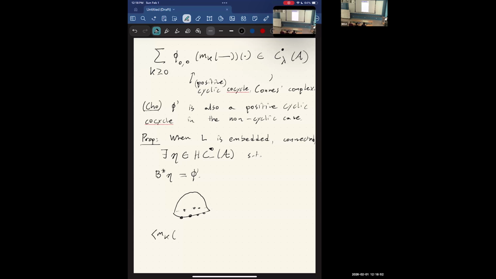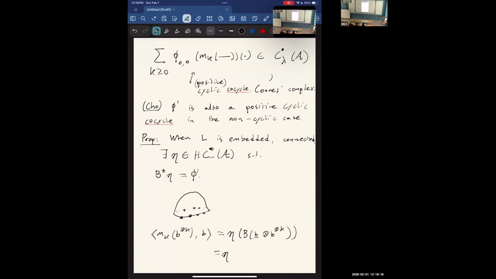This is supposed to be helpful because now, if I consider what happens when I evaluate this at some bounded cochain b, I can rewrite this as eta applied to the degree k+1 part of the cycle, which I can write like this.